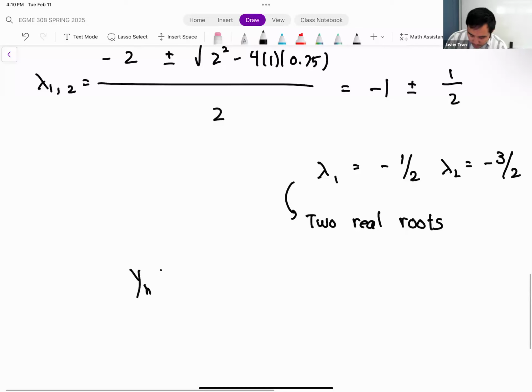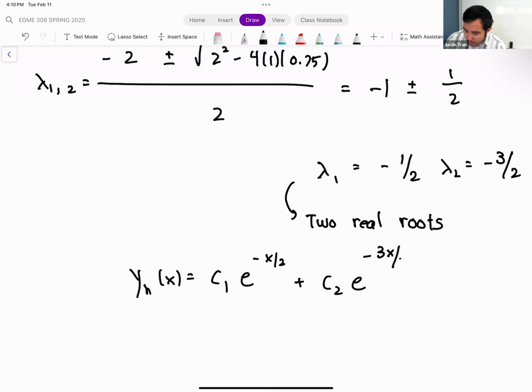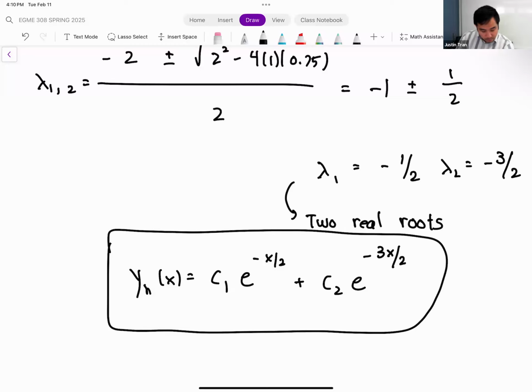So we have y_H of x is equal to C1 e to the minus x over 2 plus C2 e to the minus 3x divided by 2. Okay. So that's our homogeneous solution.